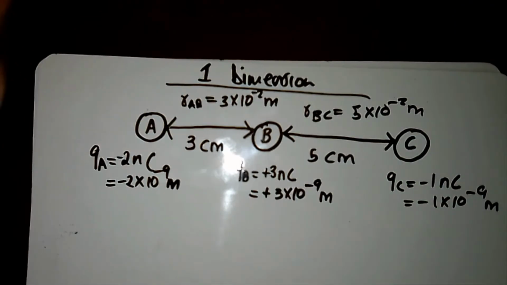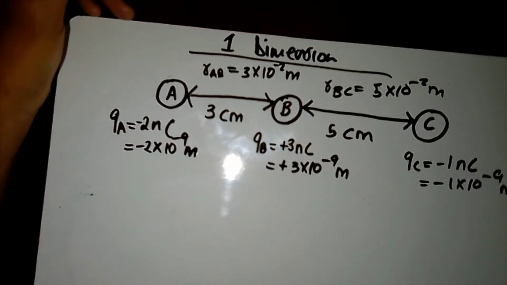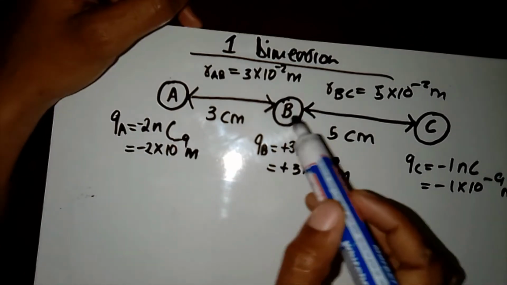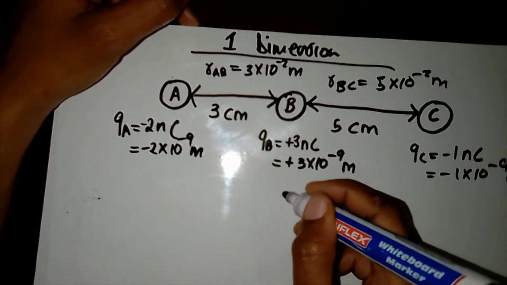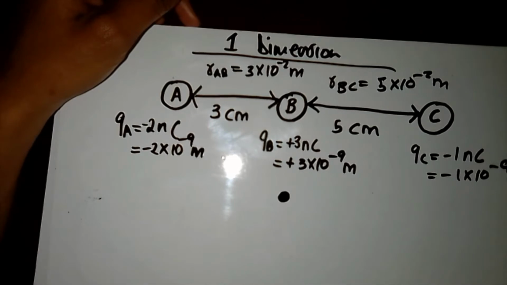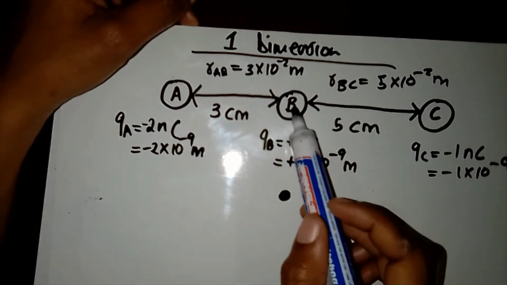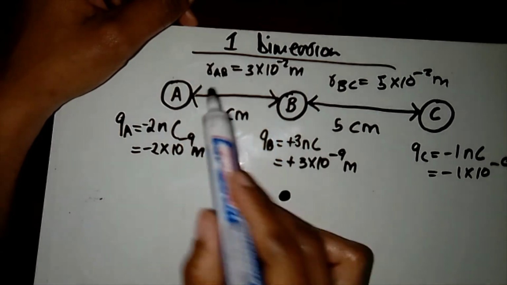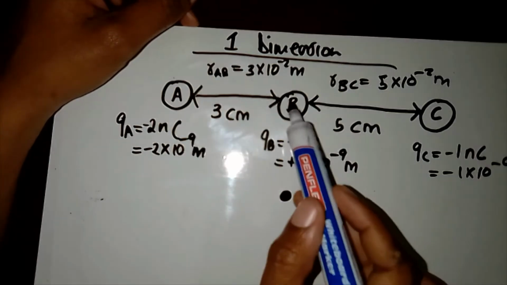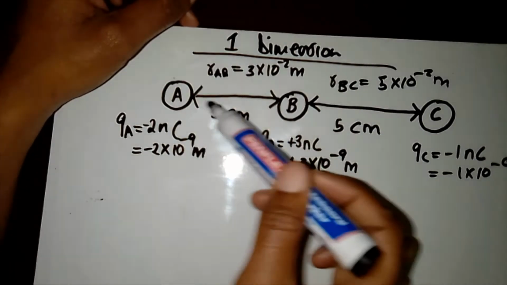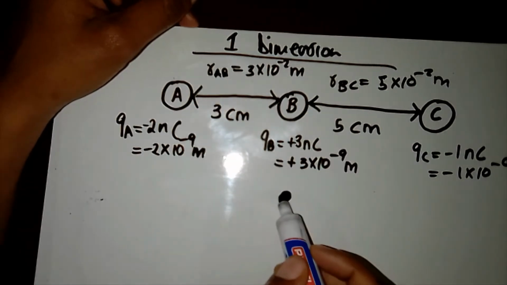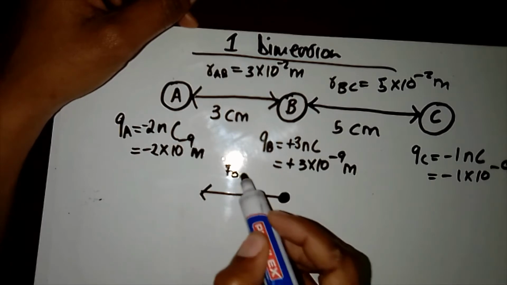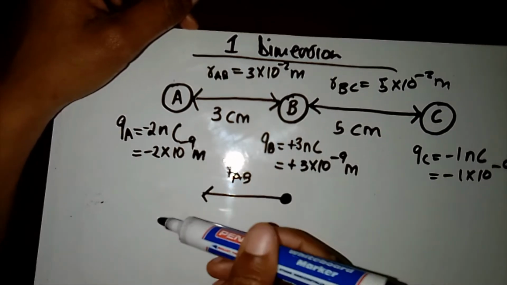Our calculation says that we must determine the resultant or net electrostatic force on this charge B. The first thing is to draw a free body diagram. This charge is going to experience a force exerted by A, and because it's positive, it is going to be attracted to A, so the force of A on B is in this direction.